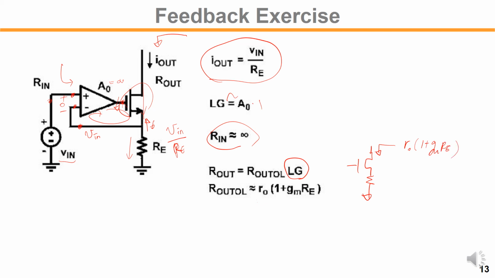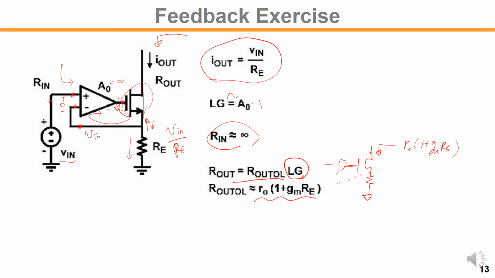So this impedance is boosted by the loop gain, by the feedback. This is one example of how you can boost the output impedance even higher.